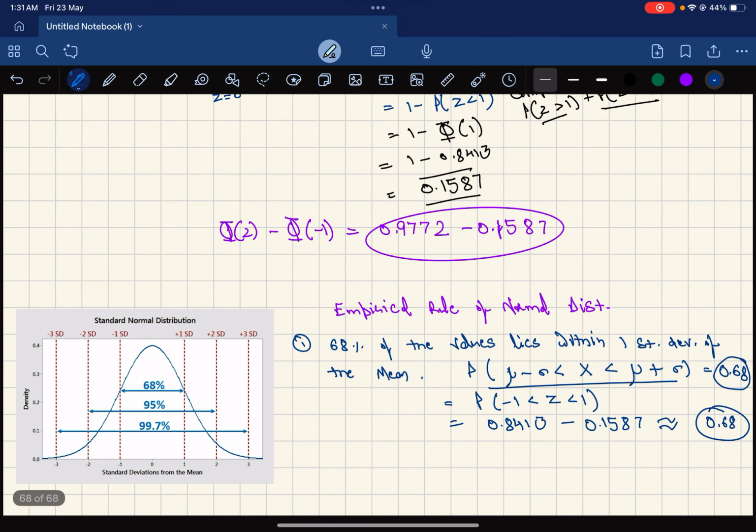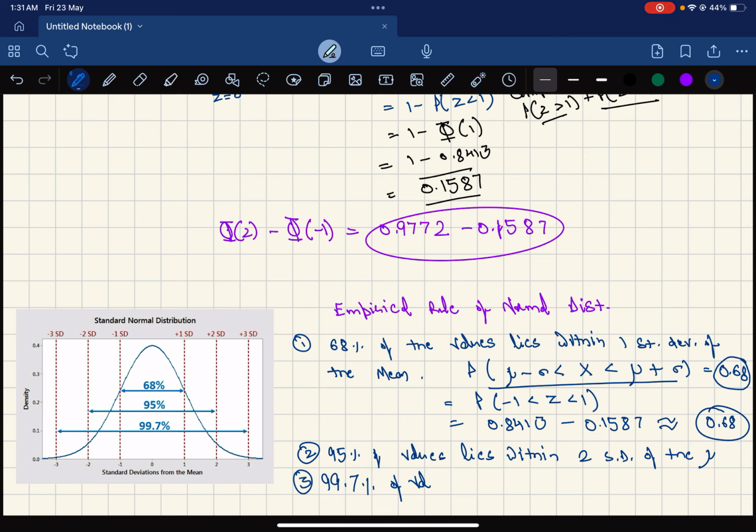Similarly, the empirical rule of normal distribution also states that 95% of the values lie within 2 standard deviations of the mean, and similarly 99.7% of the values lie within 3 standard deviations of the mean.